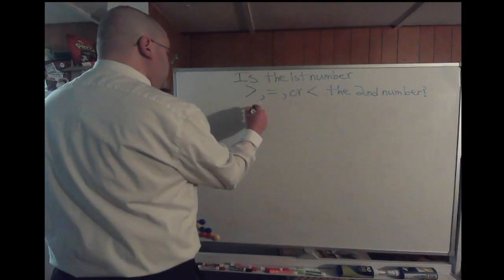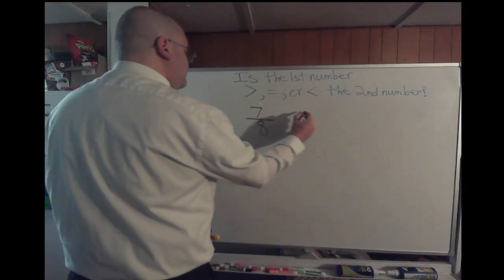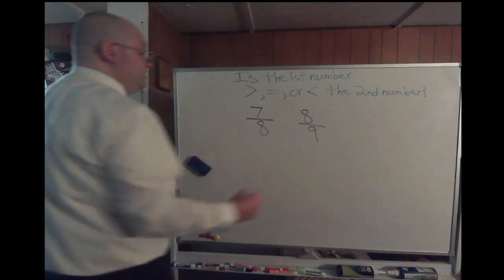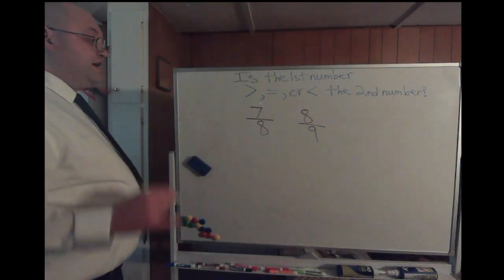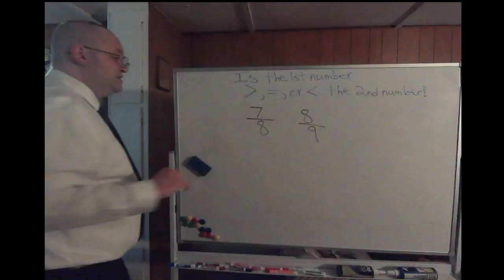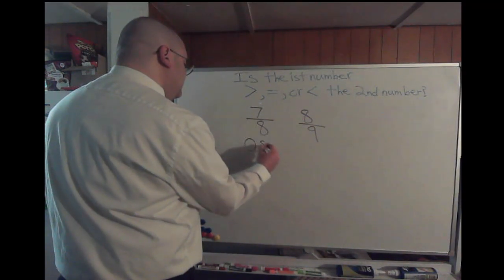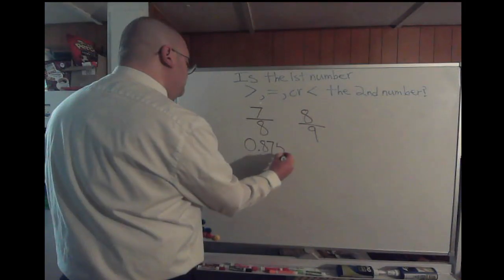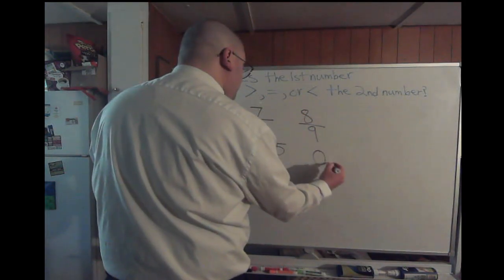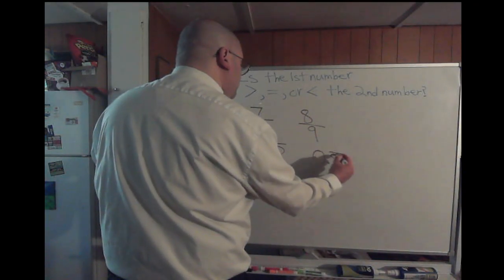Here's some good ones. We have 7/8 and 8/9. So we have two fractions, but it still might help to convert them to decimals. 7/8 is going to be 0.875. 8/9 I know off the top of my head is 0.8 repeating.